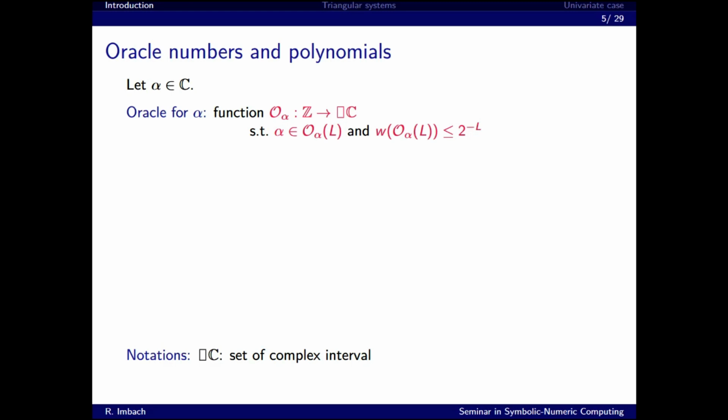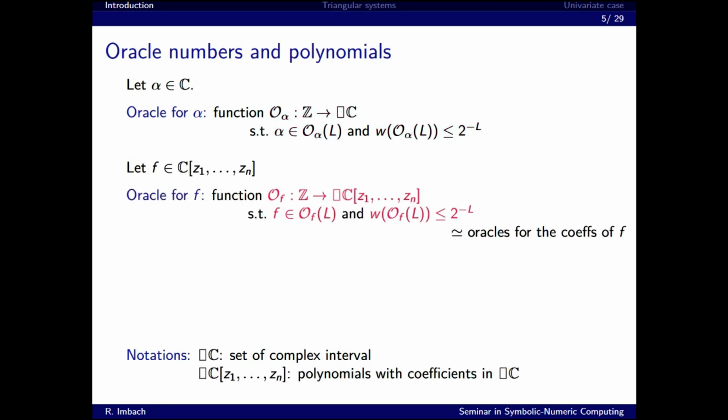Then an oracle for a polynomial is the given of oracles for its coefficients, but it can also be seen as a function that maps an integer L to an interval polynomial, and this interval polynomial will contain the initial polynomial f.